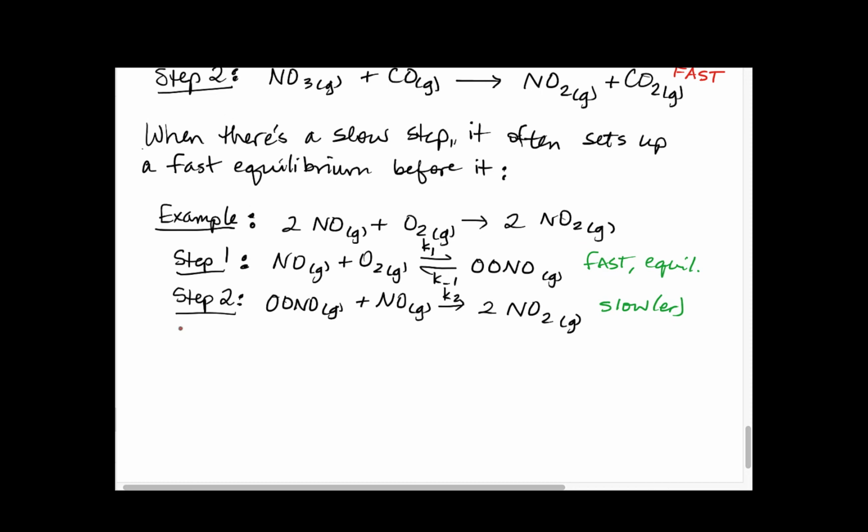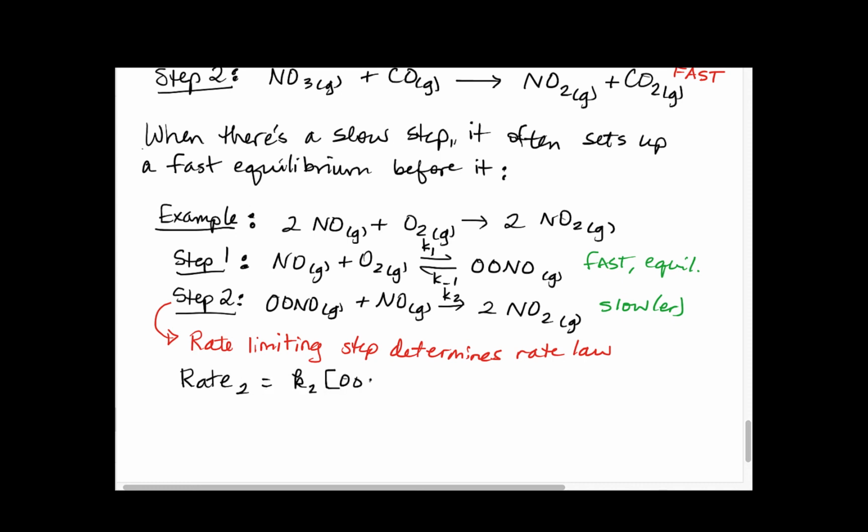And I said that when we have the rate limiting step, this always determines the rate law. So that means for step 2, I need to write the rate law as this.